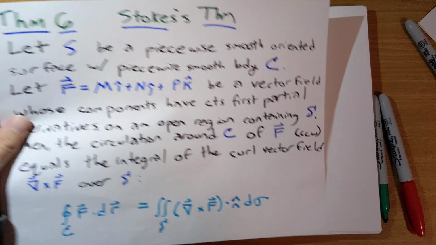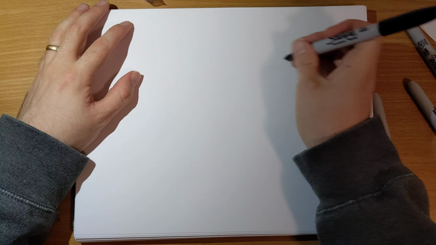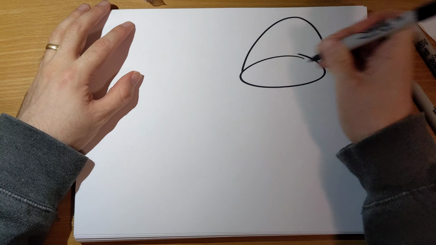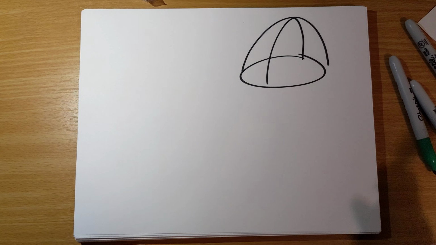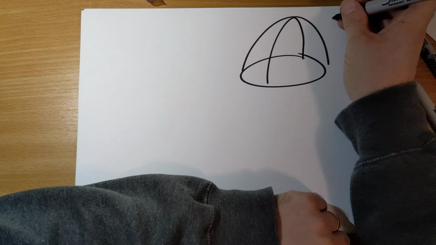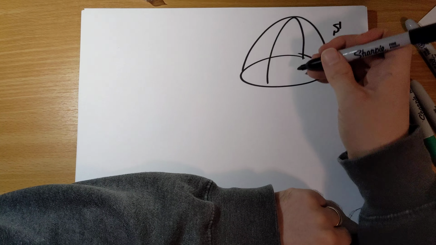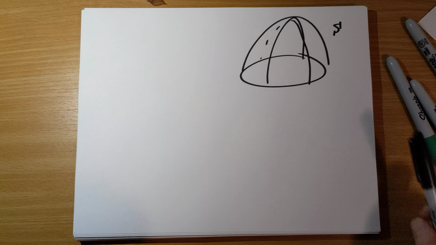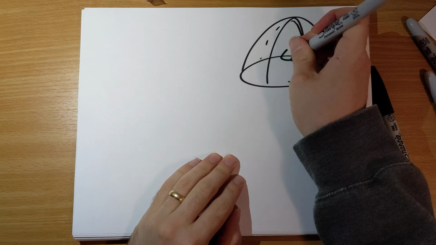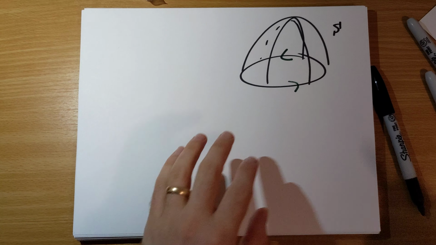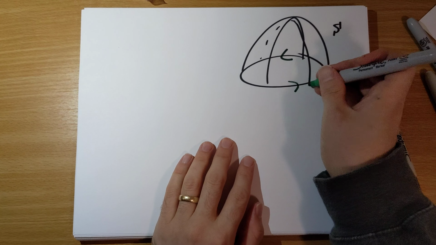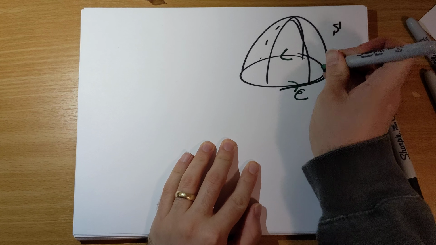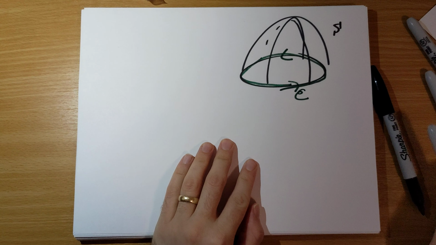Let me just draw a picture here. Let's say our surface is this surface right here, a top hemisphere, and it has this boundary right here. S is this surface up here, and C is just this boundary down here.